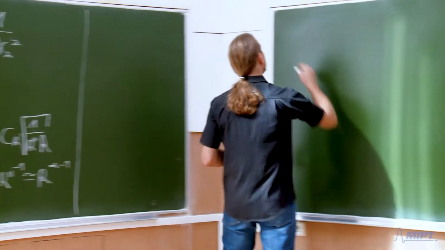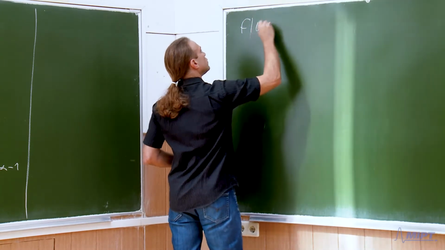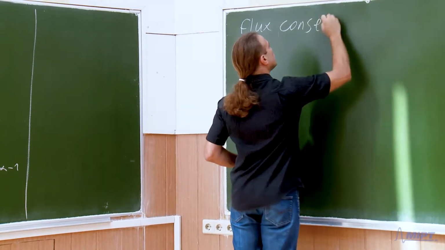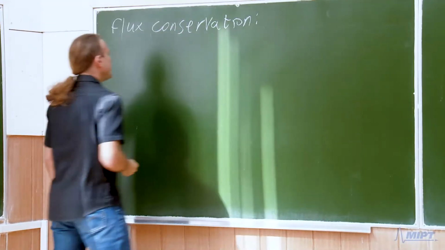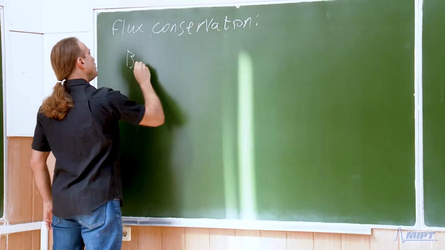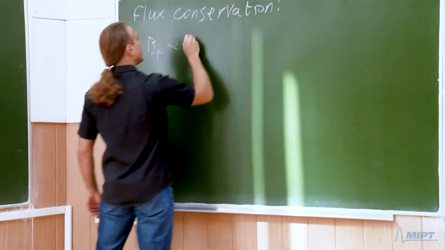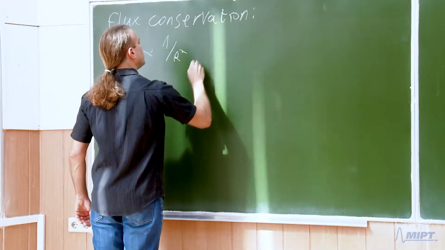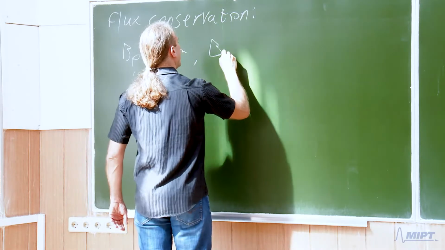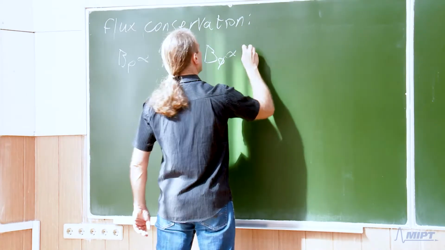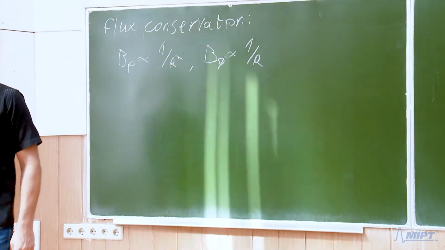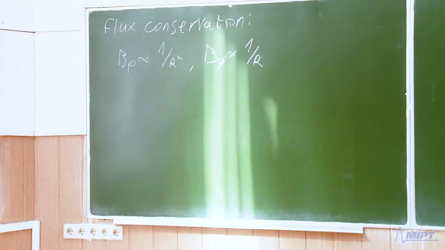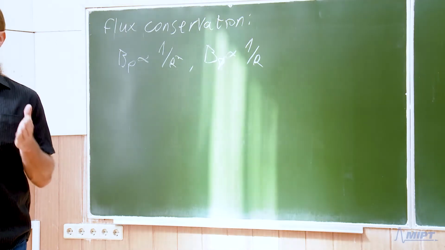So flux conservation tells us that in the lab frame, BP is proportional to 1 over r square, while B phi is proportional to 1 over r.